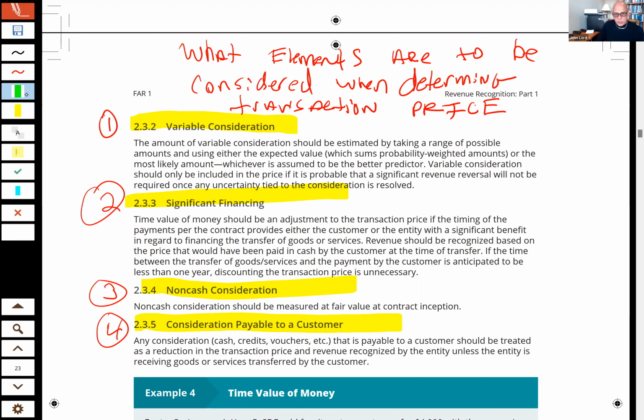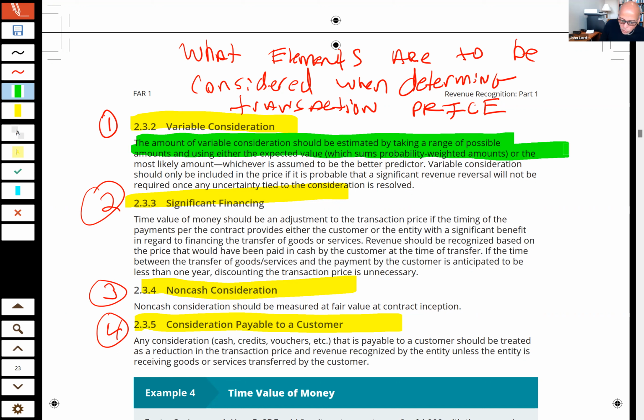So let's talk about variable consideration. The amount of variable consideration should be estimated by taking a range of possible amounts and using the expected value, which sums probability weighted amounts, or the most likely amount, whichever is assumed to be a better predictor.